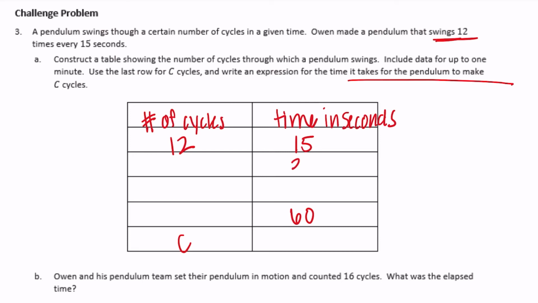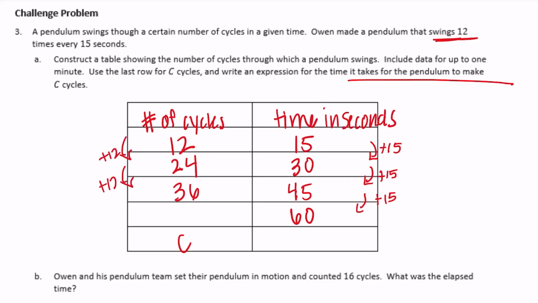So if I doubled it, 30 seconds, that would be 24 swings. I could add another one on. Let's add 15 more seconds. That would be 36 swings. So far I've just been adding 15, and then every time I add 15 seconds, that's plus 12 pendulum swings.